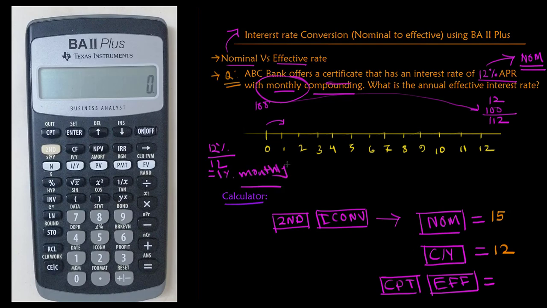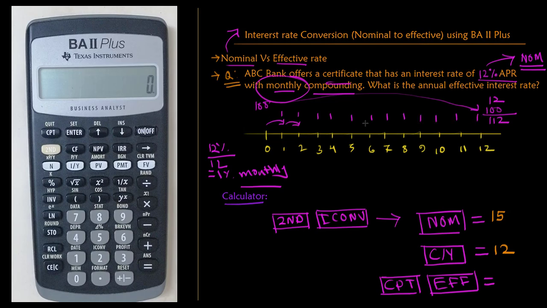So what will happen, you will receive $1 just after 1 month out of this $100. So you'll receive $1 here, then again you'll receive another $1 after 1 more month. That's how monthly compounding works. So you'll receive $1 for all these 12 months, right?